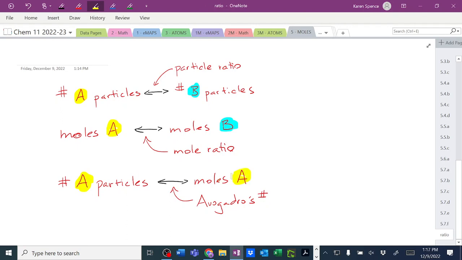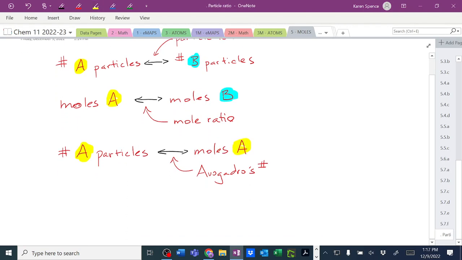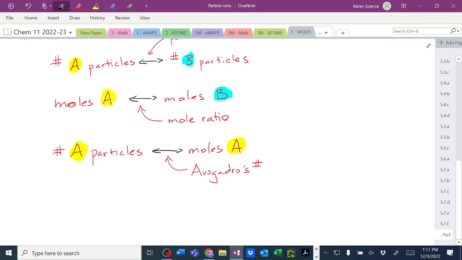But you know what you can't do? You cannot go from the number of A particles in one step to the moles of B. That does not work.